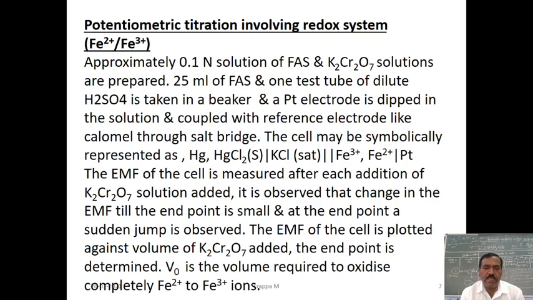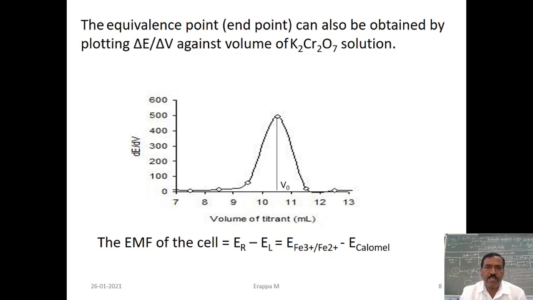The EMF of the cell is plotted against the volume of K2Cr2O7 added. The end point is determined as V0, the volume required to completely oxidize ferrous to ferric ions. The equivalence point can also be determined with a differential plot of delta E divided by delta V against the volume of K2Cr2O7 solution.